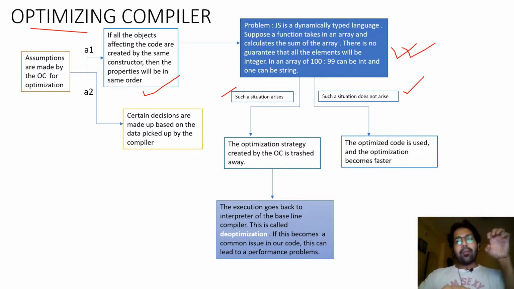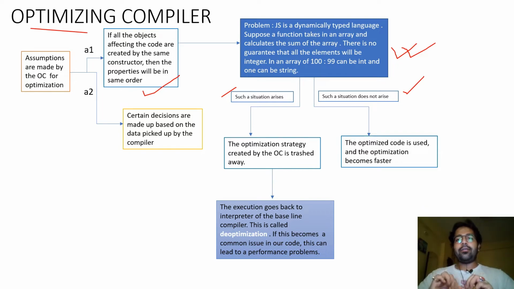The last part is the optimizing compiler. It has made all its optimizations, but whatever rules it has made have gone for a toss because it was summing up all the integers and all of a sudden that string comes in, right? The strategy which it had made is garbage now. So it goes back to the baseline compiler or the interpreter.